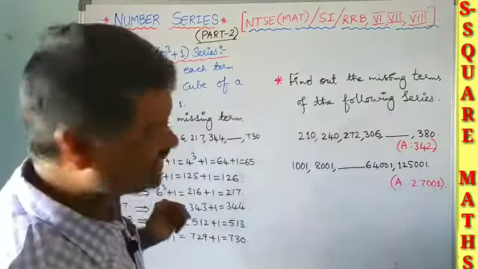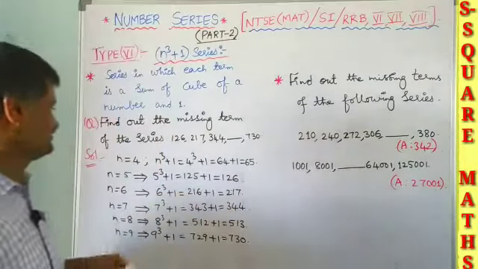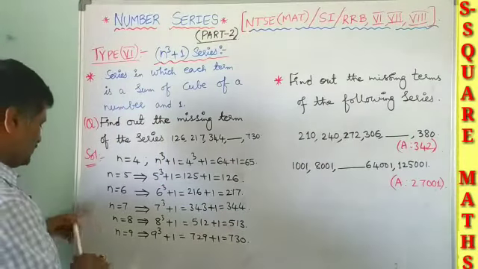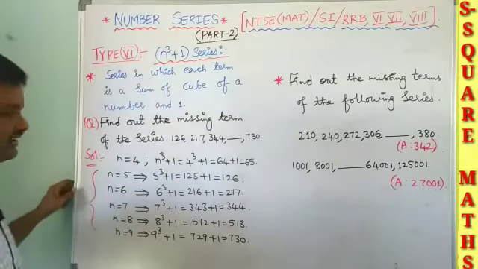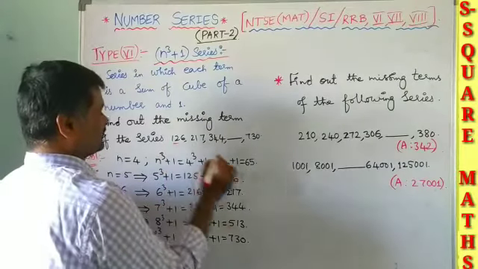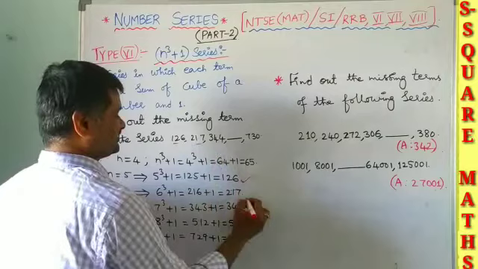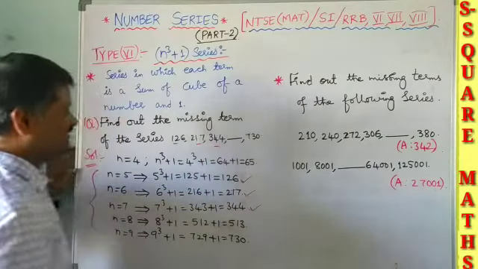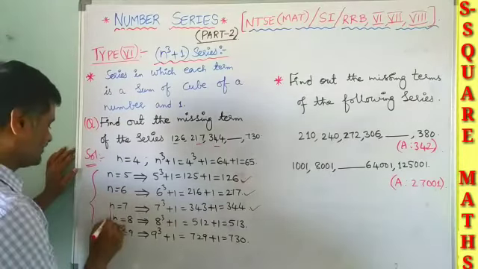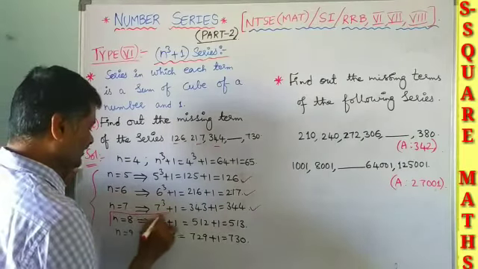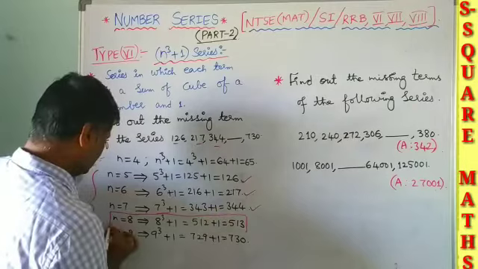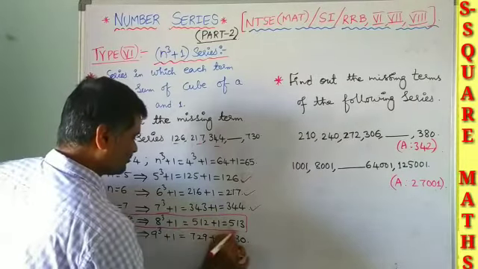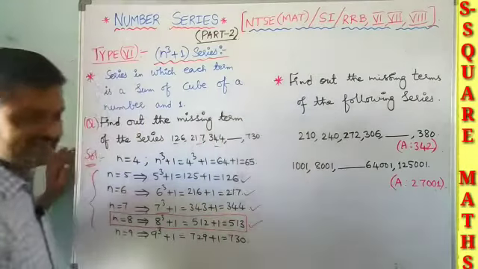If you observe carefully, in all the cases we got the terms here. Right from n is equal to 5 we got 126, next 217, next 344. After 344, for n is equal to 8, tracing out the number, 8 cube plus 1, finally it is 513.